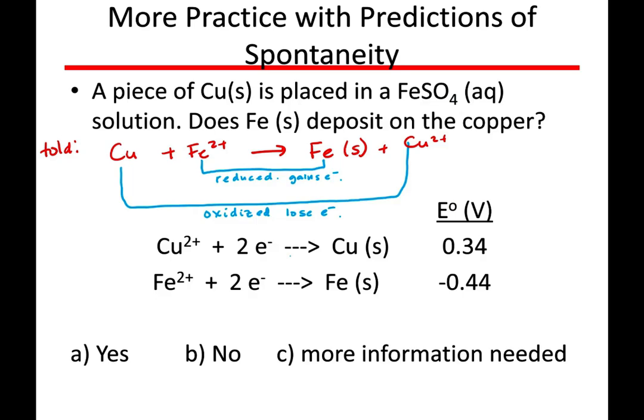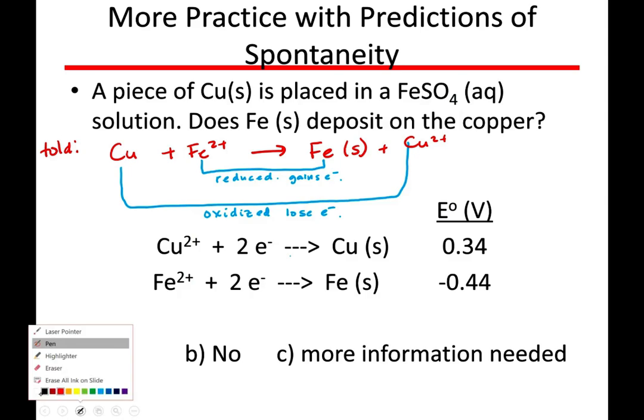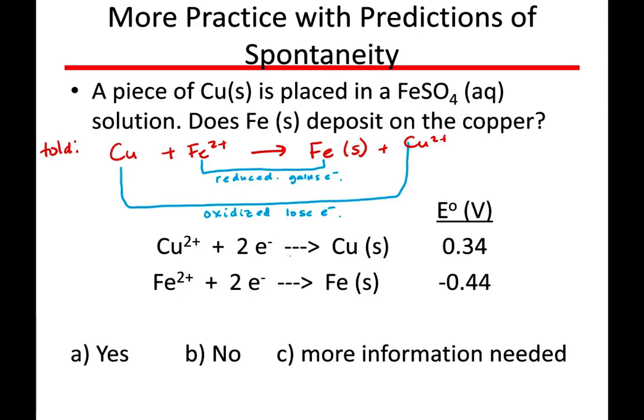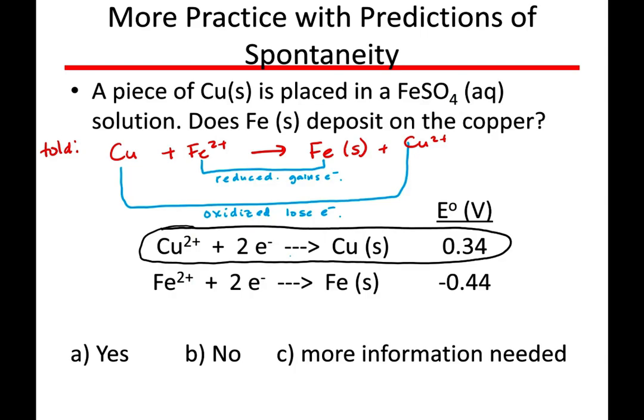Now, having written out the reaction as specified by the problem, you can think about how these two reduction half reactions can be rearranged. We recognize that you want to have Cu solid on the left-hand side of the equation, and it's not currently, so we have to reverse the copper 2+ reduction half reaction.